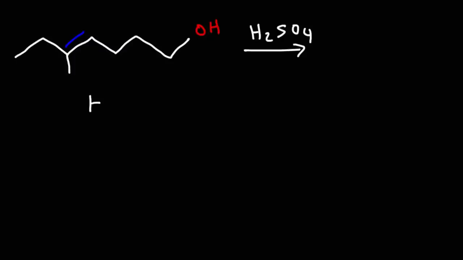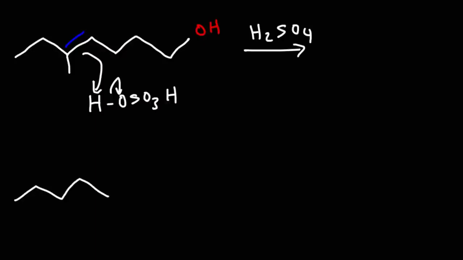Well, the first thing that's going to happen is that the alkene is going to receive a proton from either H2SO4 or from a protonated solvent molecule. And so we're going to get a tertiary carbocation intermediate.